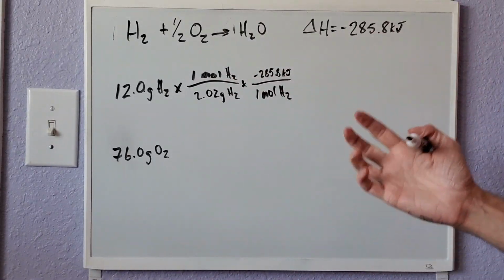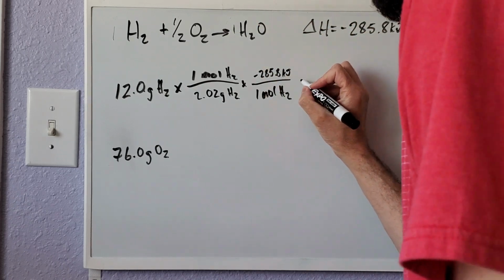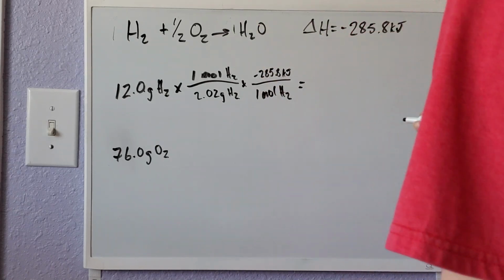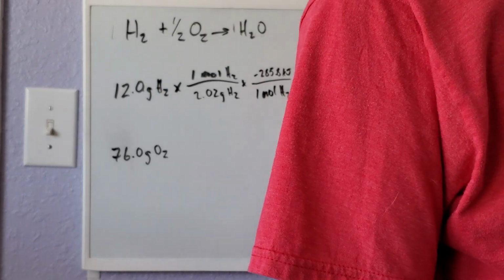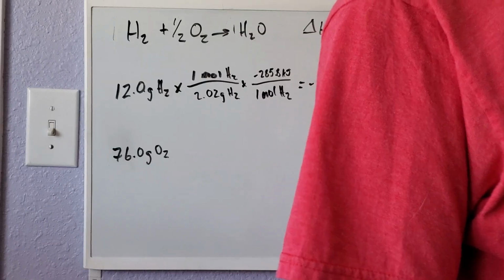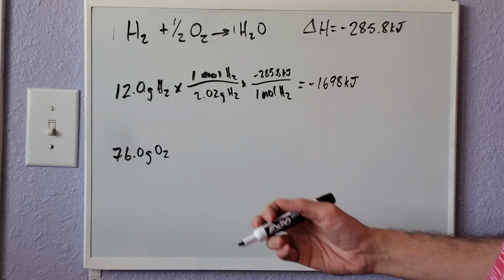And please notice, all I'm doing here is using my balanced chemical equation the same way I would in the past. And so whenever I plug all this into my calculator, I get negative 1698 kilojoules of energy.